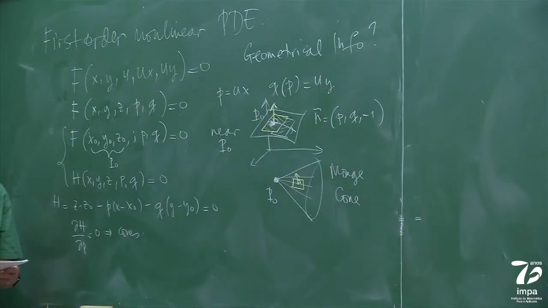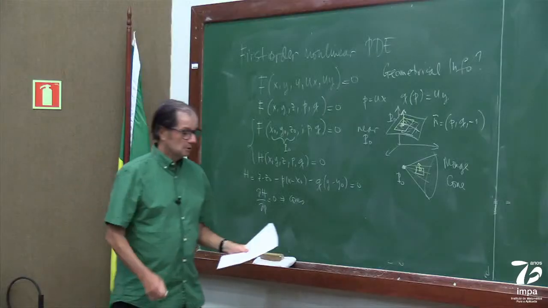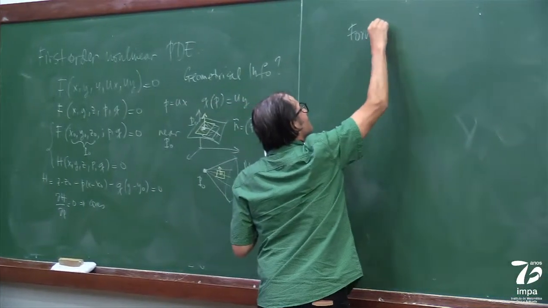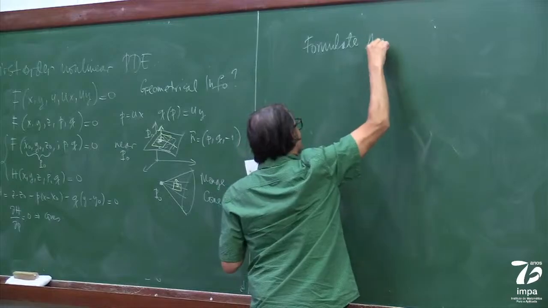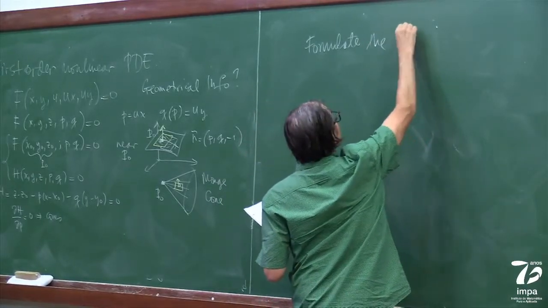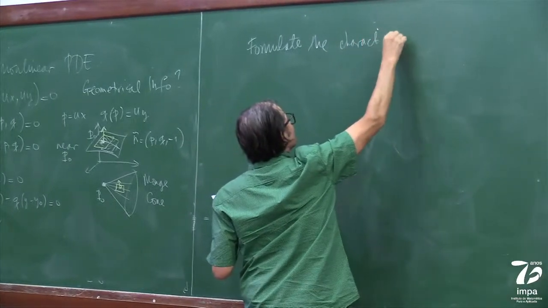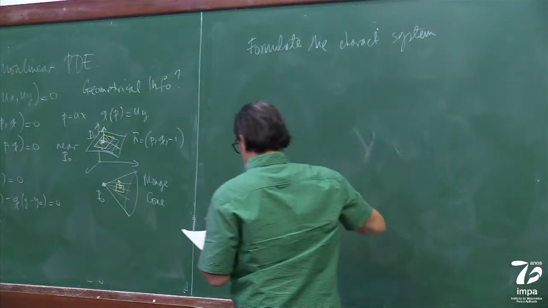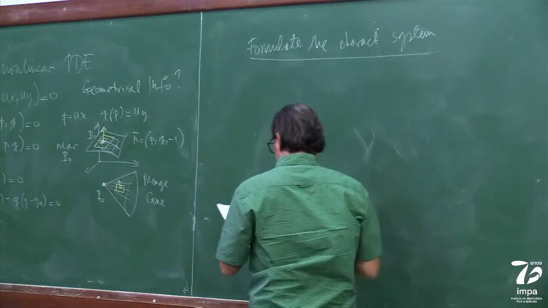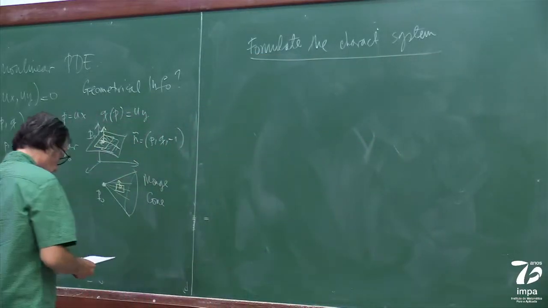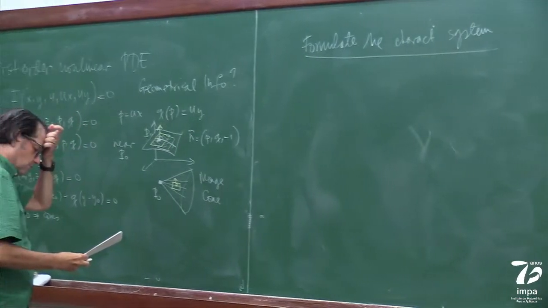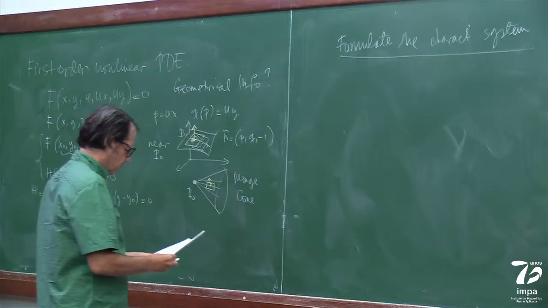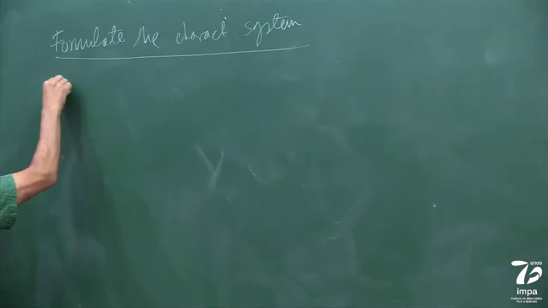So we'll see this. So let's prepare ourselves then to formulate the characteristic system of ODEs, okay? Okay, so let's see what we're going to do. First, let's look at this. We have the planes.